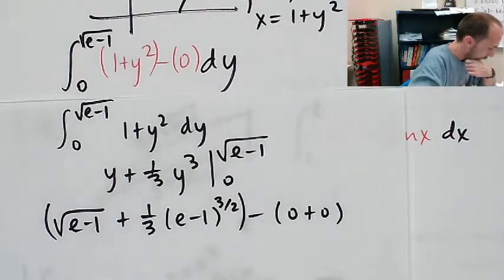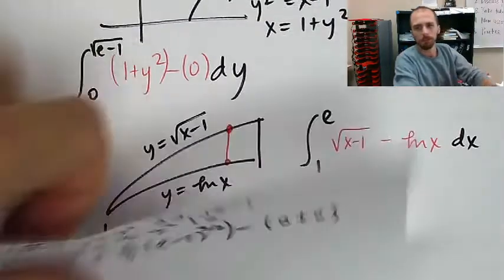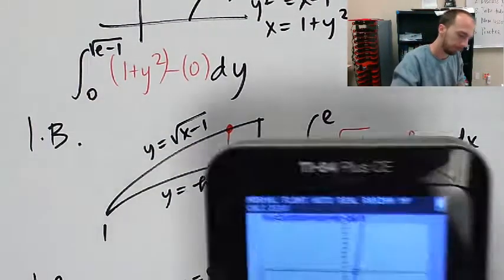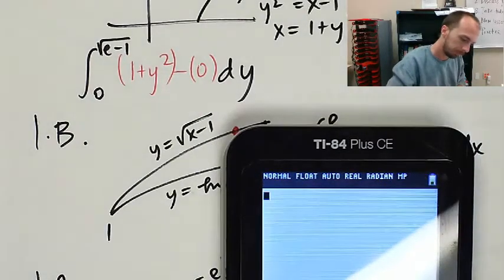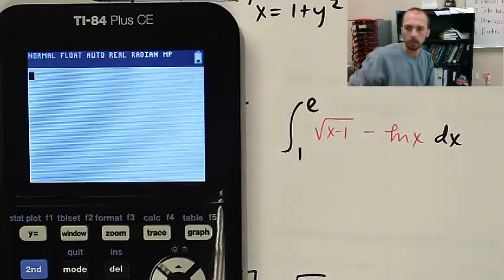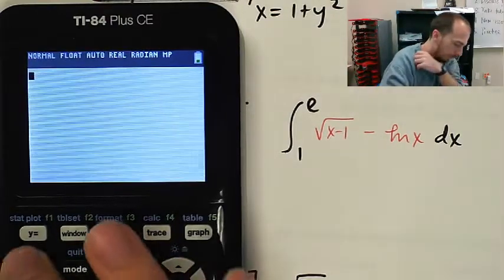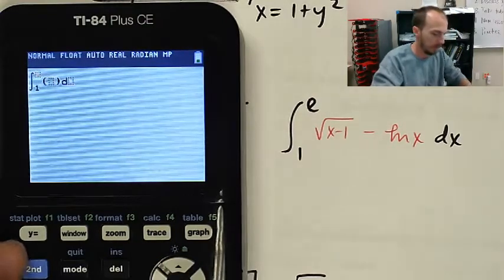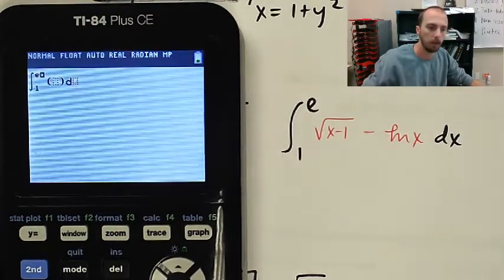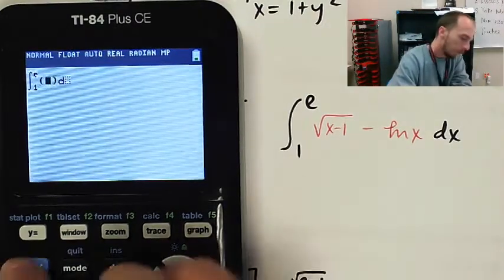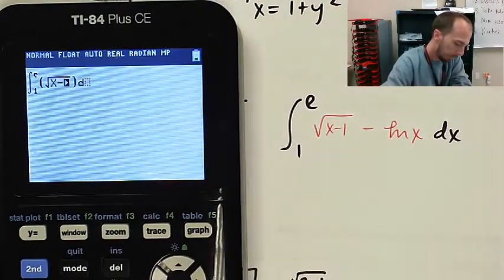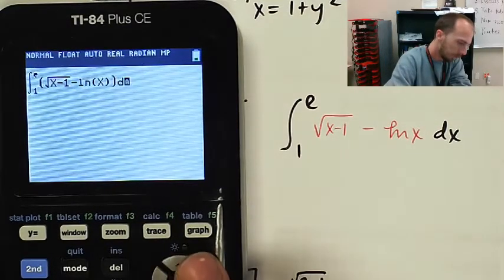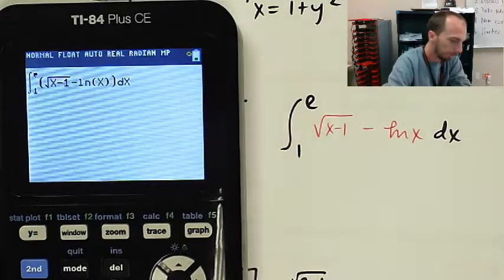Use a calculator to find the areas of regions B and C. Well, suppose I can do that. So I'm going to integrate from 1 up to e of the square root of x minus 1 minus natural log of x with respect to x.